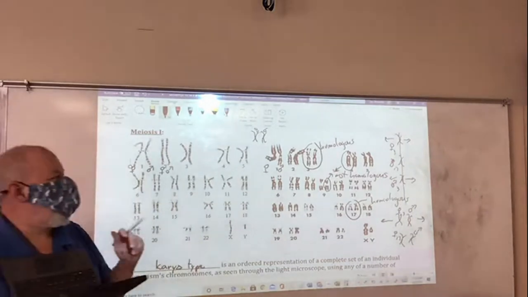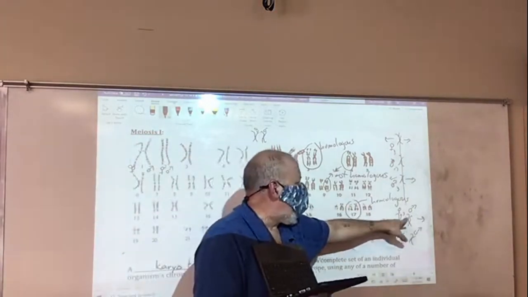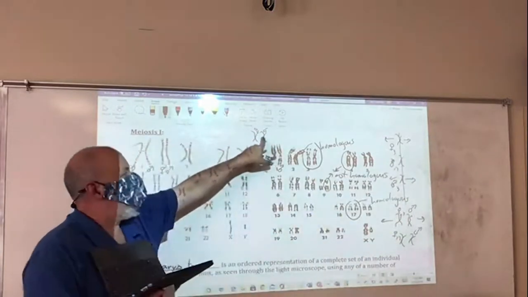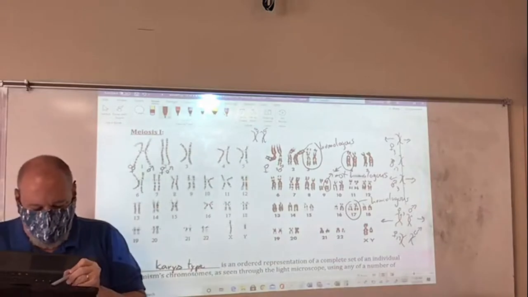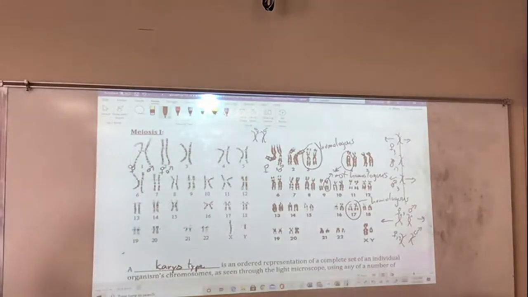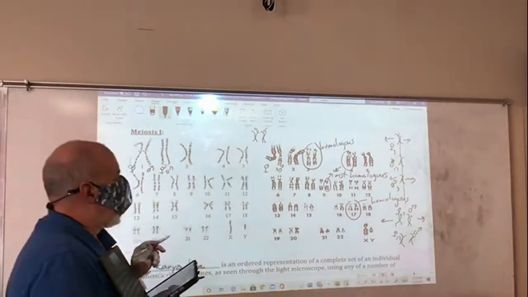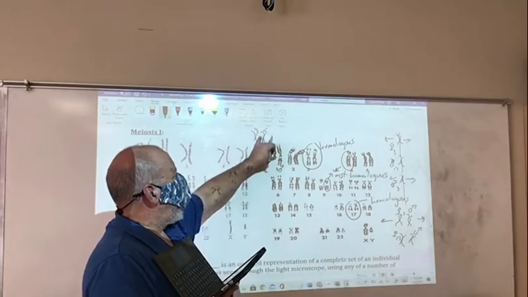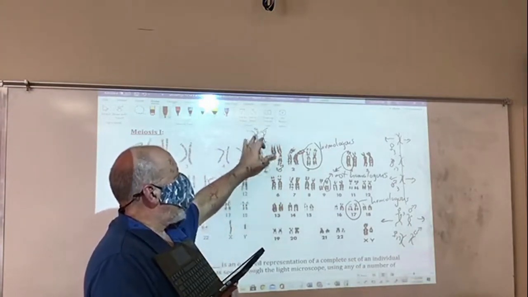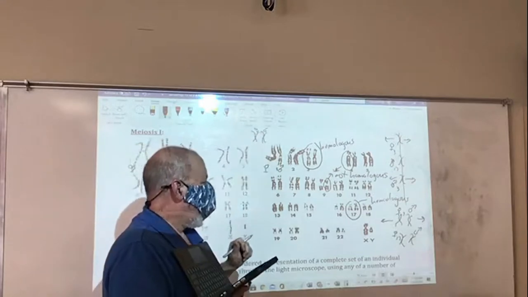In prophase 1, the reason they can line up like this instead of like this is because they're stuck together because they switched genetic material in prophase 1. And they're not unstuck yet. They're still stuck together where they switched genetic material.